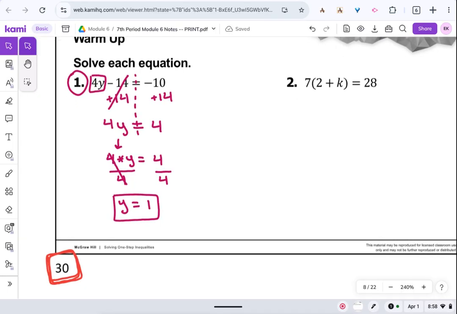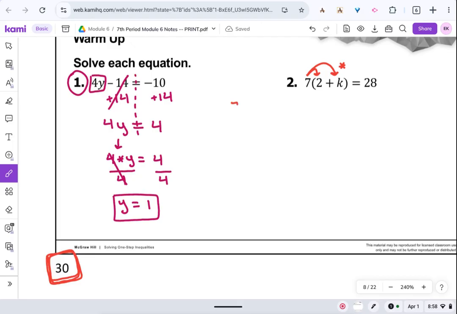So with these, when we're solving these equations, what we need to do first when we have parentheses is use the distributive property in order to get rid of those parentheses. What this is going to look like is I'm going to take the number in front of the parentheses and multiply it into both parts.